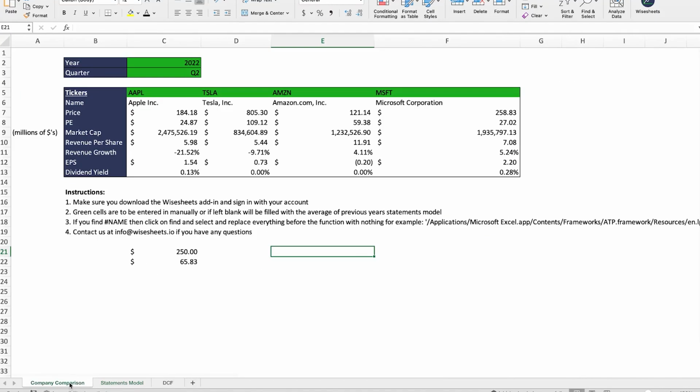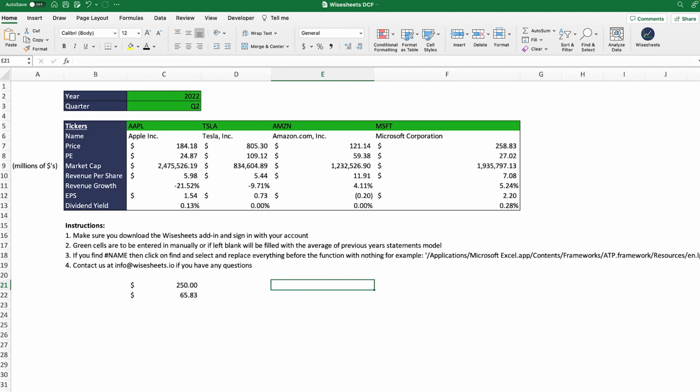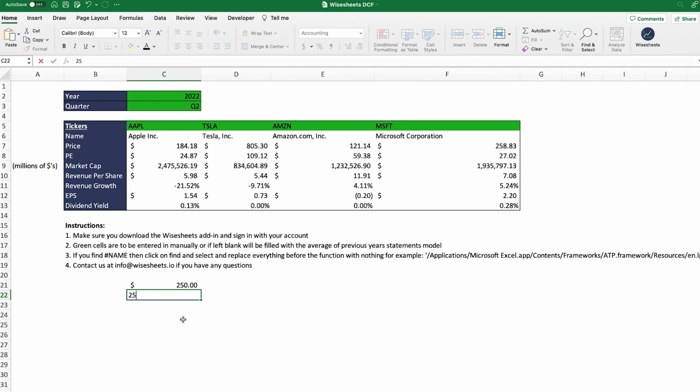Now, where the concept of a margin of safety comes into place is that if you knew with 100% certainty that the stock was worth $250, what is the maximum price that you would be willing to pay for the stock? Well, theoretically, if you knew with 100% certainty, you could pay $250, right?